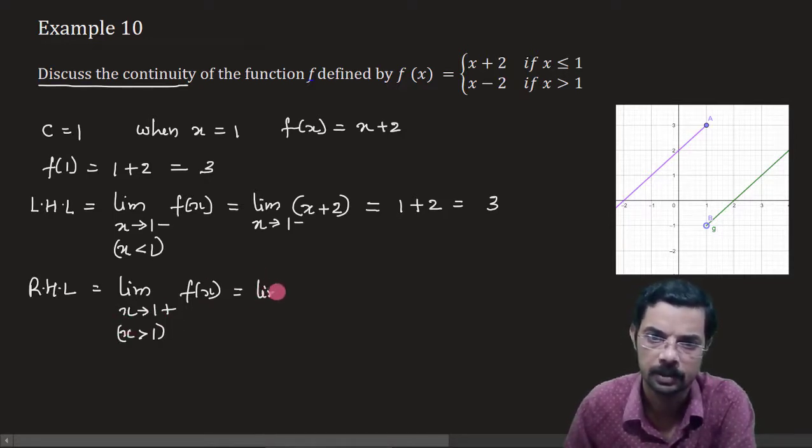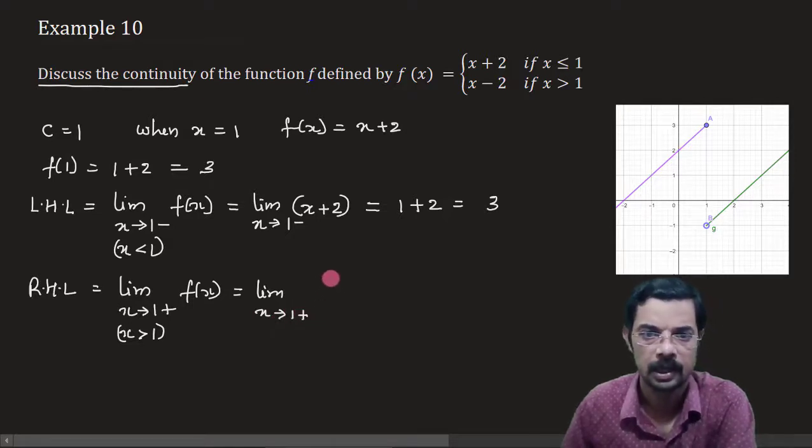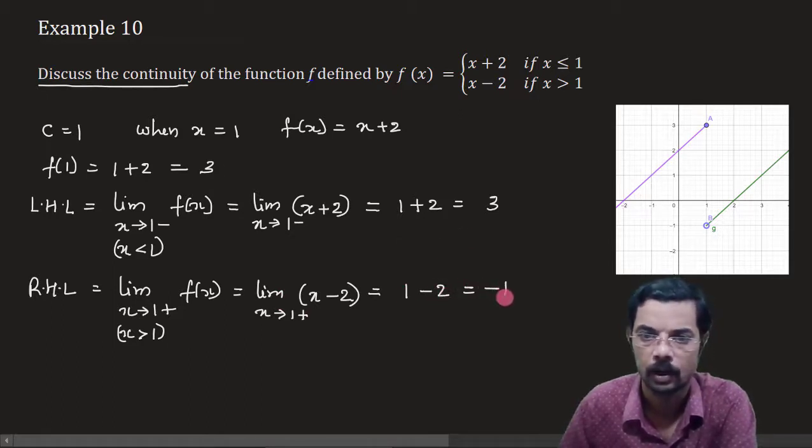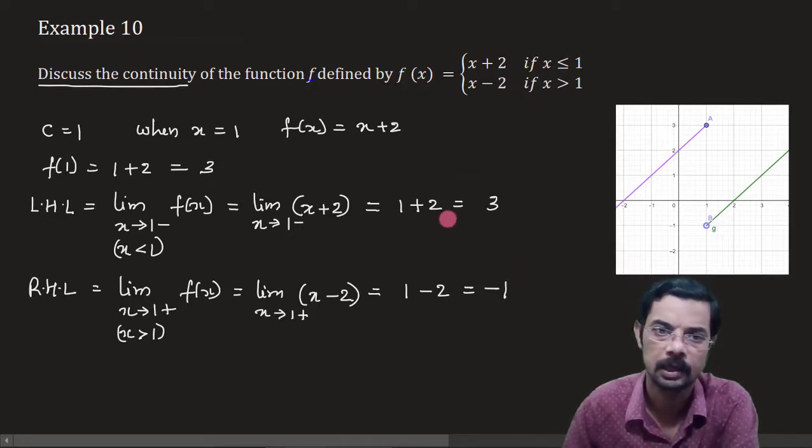In this case f of x is defined as x minus 2. You can look at the function here: x greater than 1 means it is x minus 2. Just put the value 1 into x, that is 1 minus 2, which will give you minus 1.